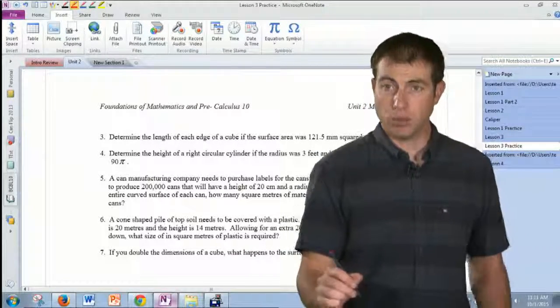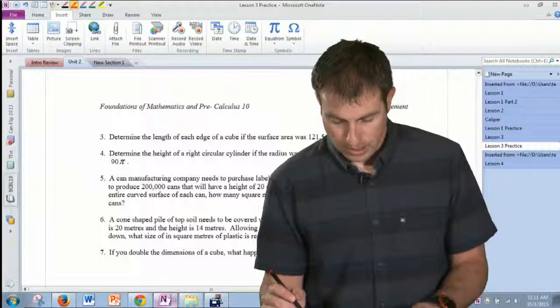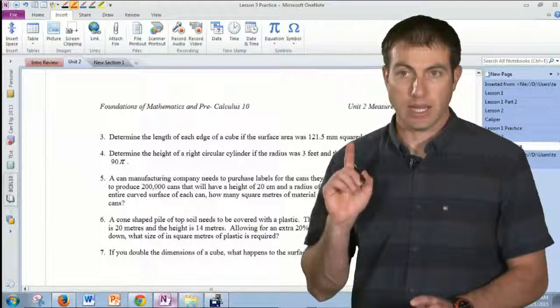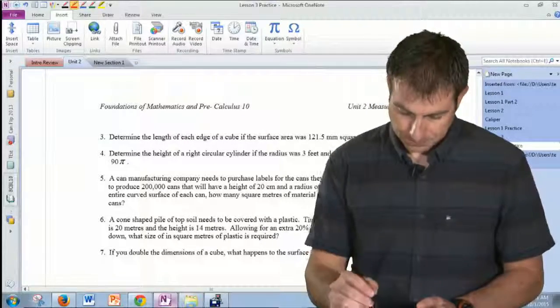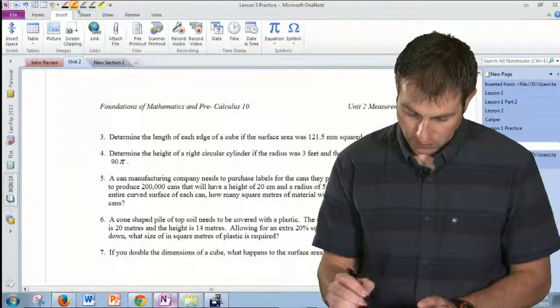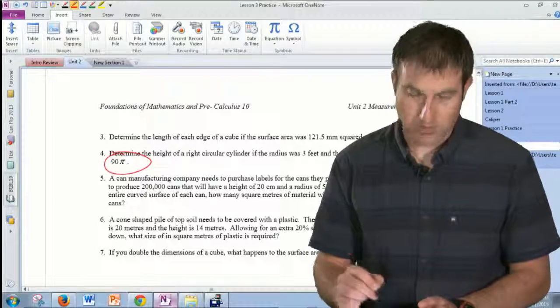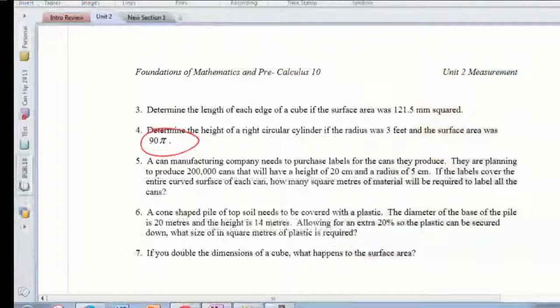Ava's asking about 2B, for sure I can go into that. While you guys are writing in a few questions, I want to mention one thing about number 4 here. You see this 90 pi. Determine the height of the right circular cylinder with a radius of 3 feet and the surface area was 90 pi.